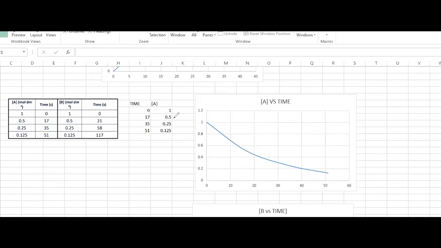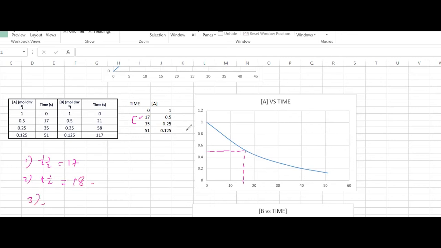One falls to half. The time is 17 here. Then it falls to half again at 35. So the first half-life is 17. The second half-life is 35 minus 17, which is 18.